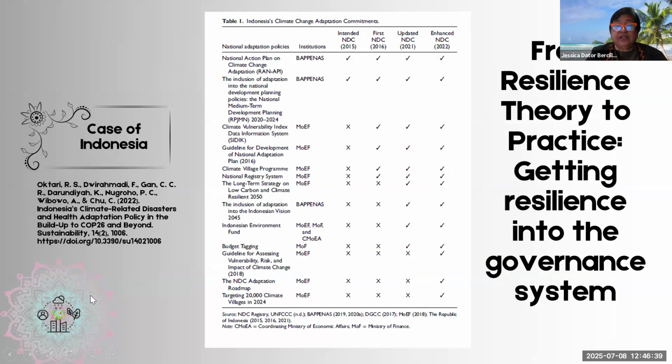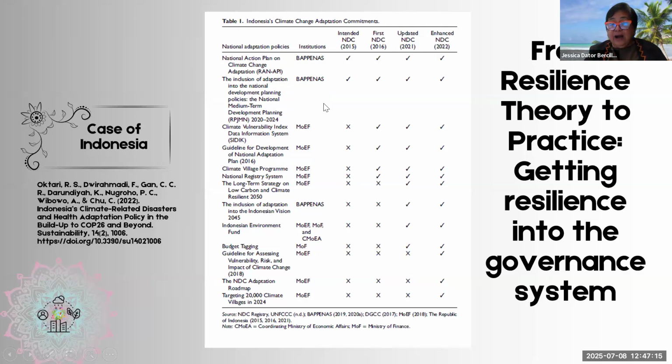In the case of Indonesia, there have been many attempts. They have many policies that support resilience work, but many of these are implemented by line agencies, rather than embedded from the national to the local level. For example, you see that it's part of the National Action on Climate Change Adaptation. It's implemented by BAPPENAS, including inclusion of adaptation in national development planning policies.